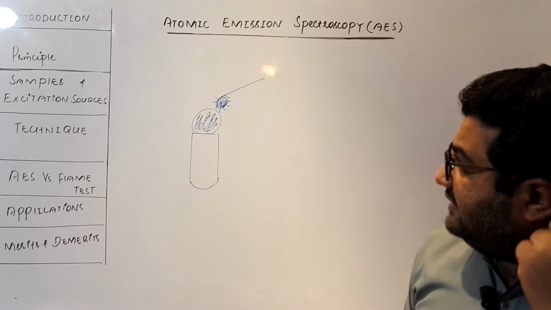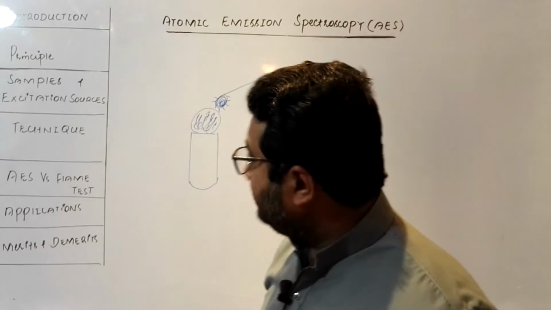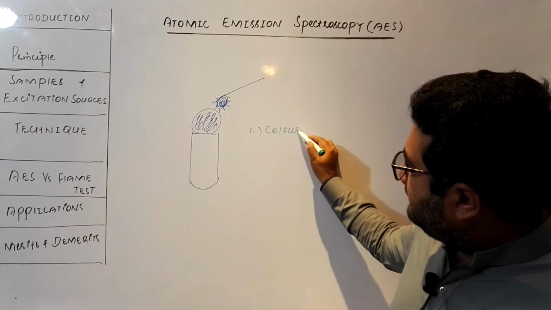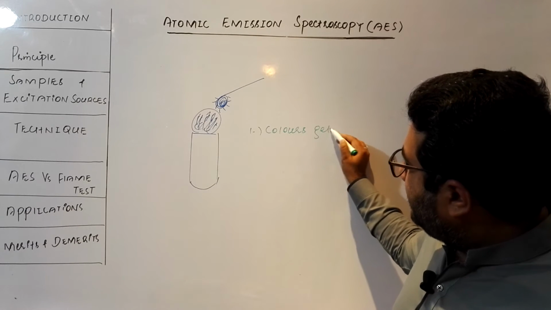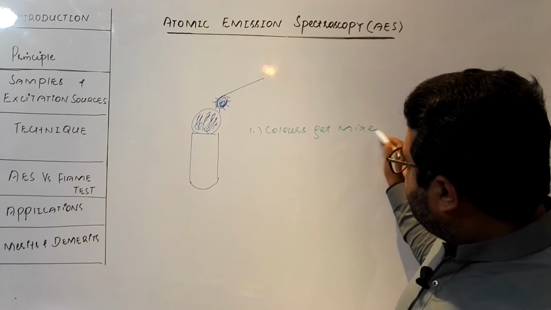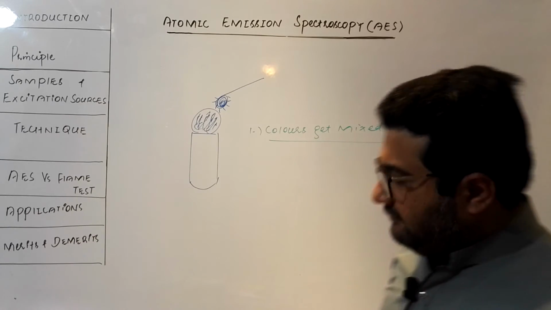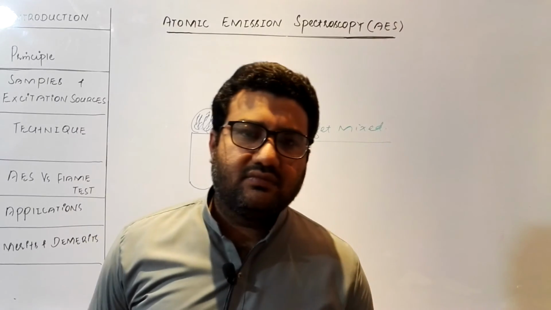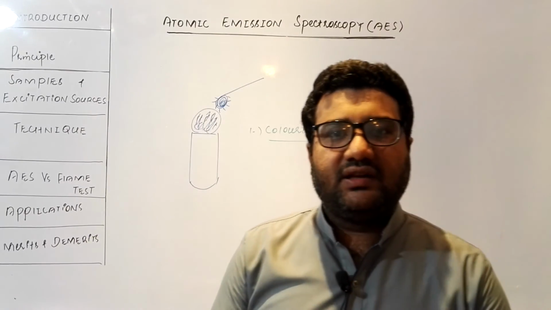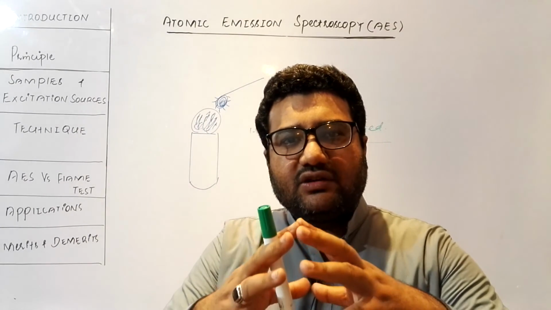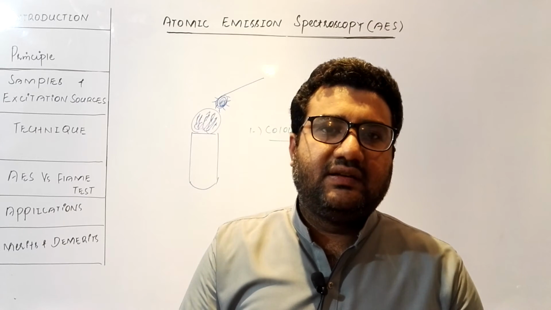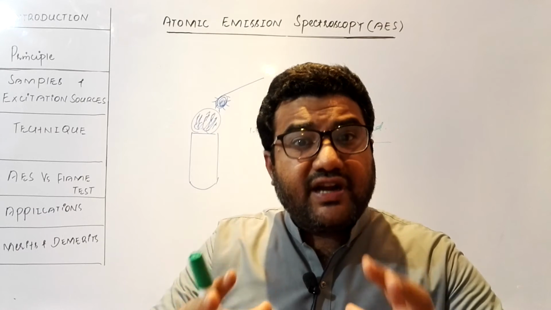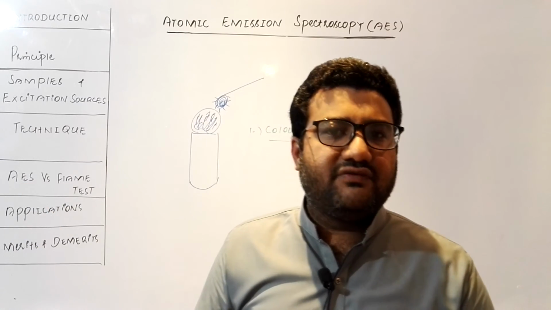The answer is that there are two drawbacks of the flame test. Number one, colors get mixed. When you heat your sample, it has a collection of atoms in it. And when you will heat those collection of atoms, in case of different atoms, the electronic excitation will be different.